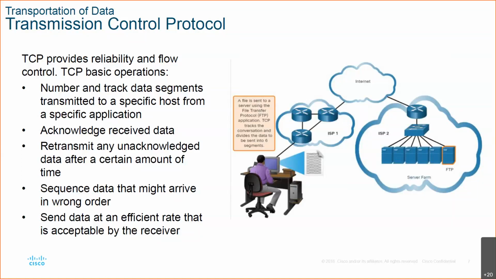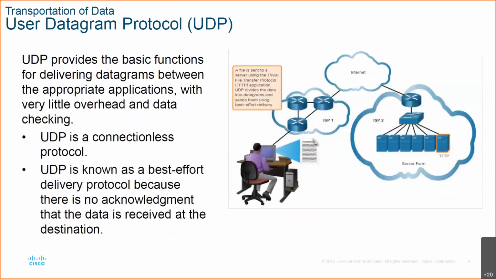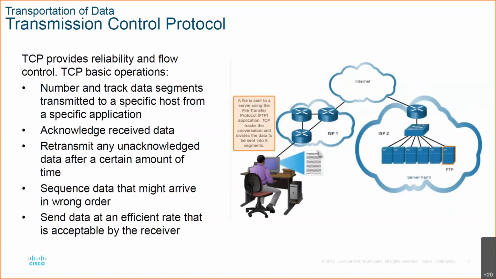It doesn't matter if the data comes in proper sequence or wrong sequence, it will arrange that sequence at the recipient. It also does flow control, as we will see. If the recipient cannot receive the data at the speed that it is being sent, then the flow control can be adjusted, and that's also the responsibility of your transport layer.